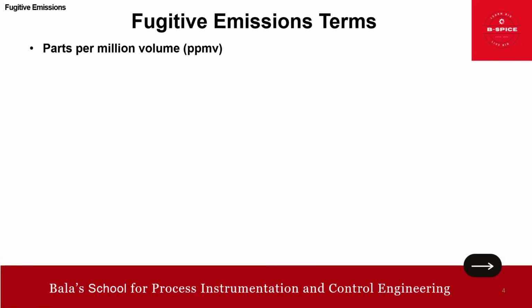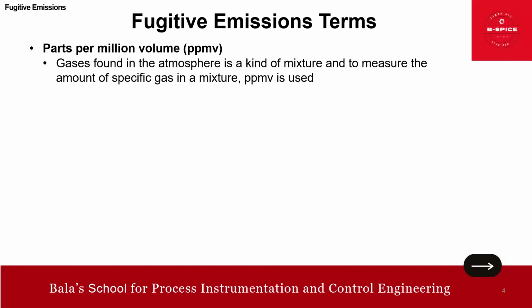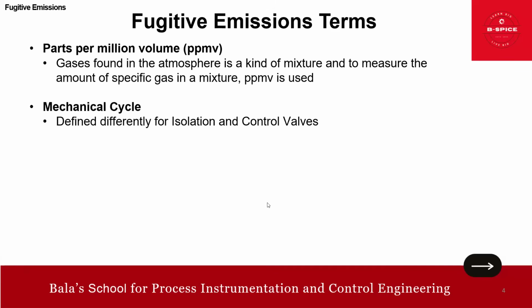Okay, now we'll go into the terminologies. Parts per million volume, ppmv. See, basically gases found in the atmosphere are a kind of mixture, right friends? And to measure the amount of a specific gas in a mixture, ppmv is used. Then mechanical cycle.